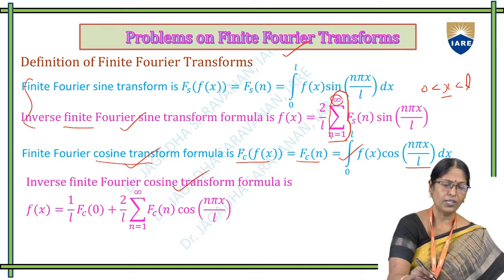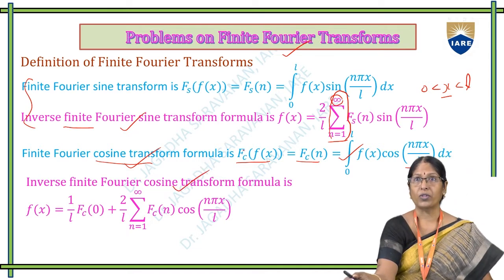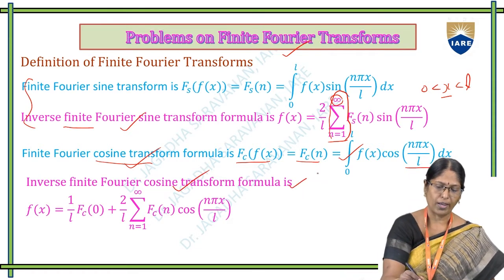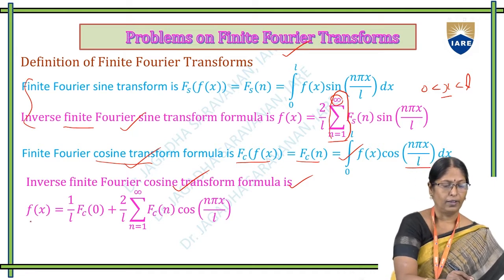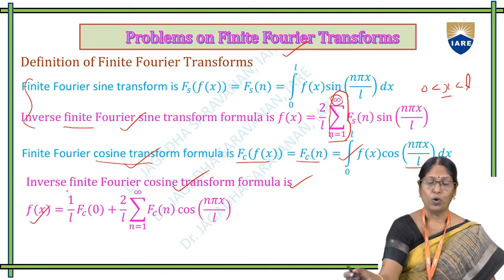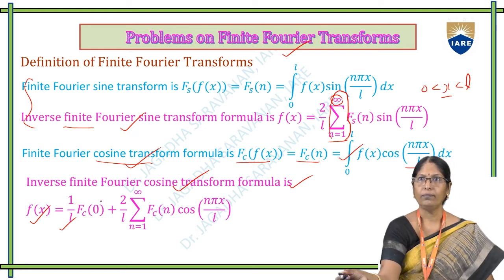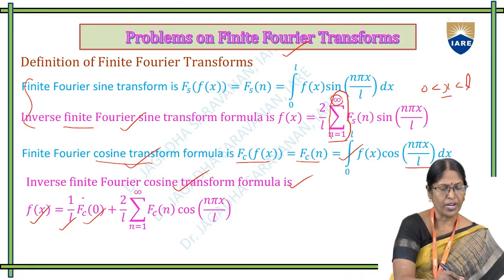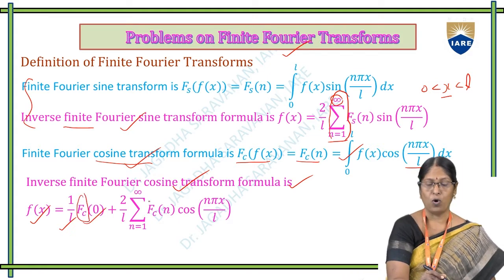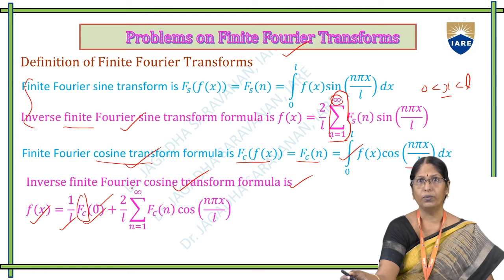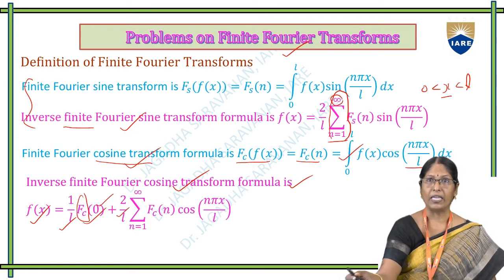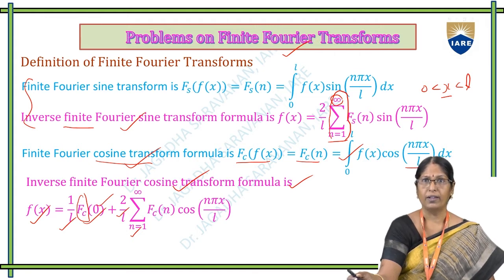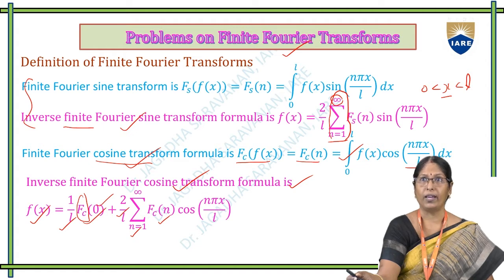Now, the inverse finite Fourier cosine transform formula is f of x equal to 1 by L Fc of 0, that is Fourier cosine transform at the point 0, plus 2 by L summation n equal to 1 to infinity Fc of n cos of n pi x by L.